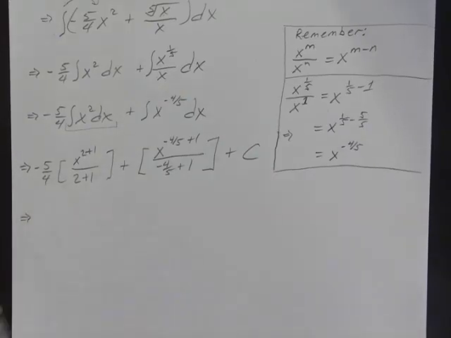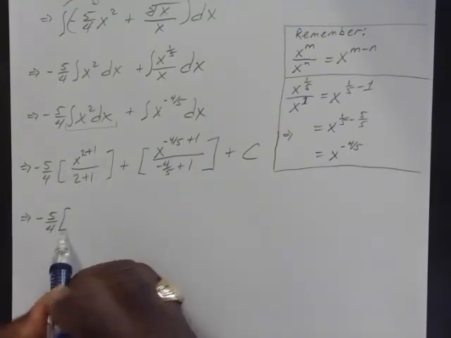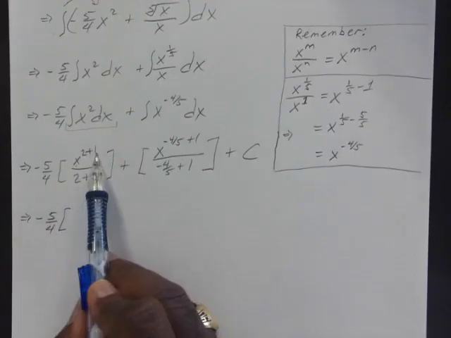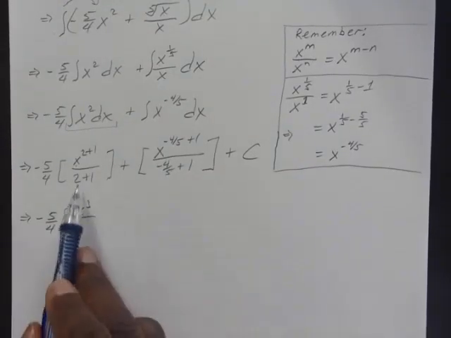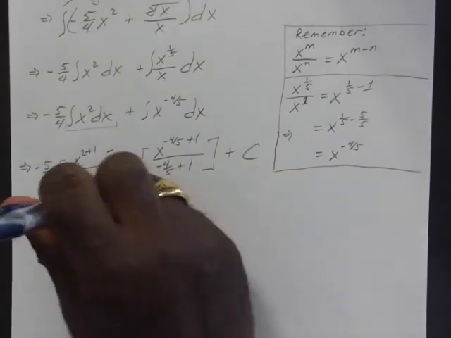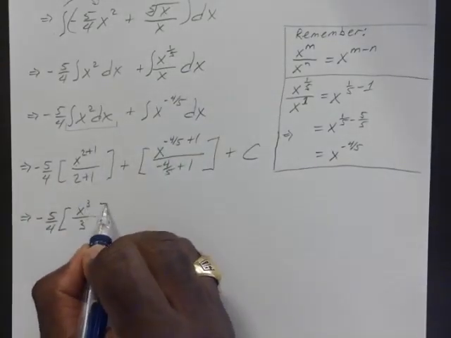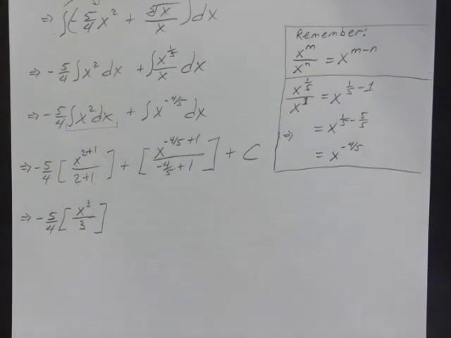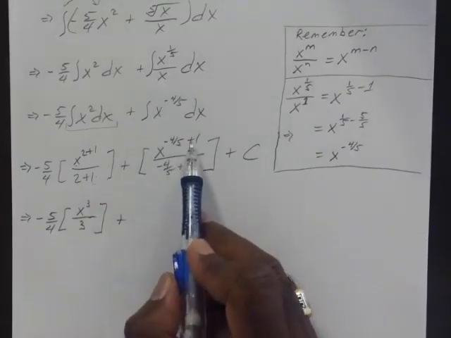Okay, so now we simplify each one a little bit more. So we have negative 5/4 times x to the power of 2 plus 1, which is just x to the third power, divided by 2 plus 1, which is 3. Okay, plus x to the negative 4/5 plus 1.